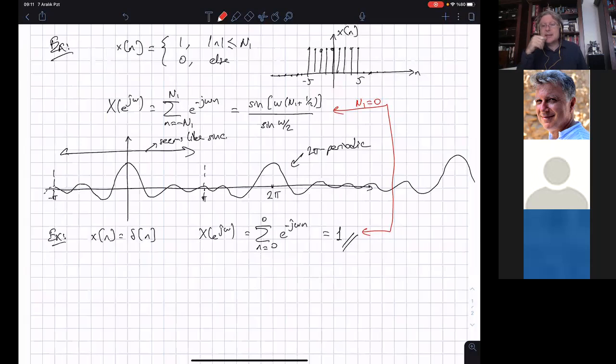Okay, the numerator and the denominator are 0. We know that sine omega divided by omega as omega goes to 0 is also equal to 1. But sine omega over sine omega is quite naturally easier than that. It becomes 1. So it's 1 everywhere. The impulse's discrete time Fourier transform is just uniform ones.